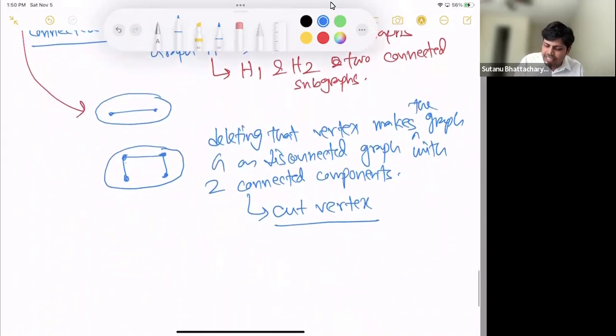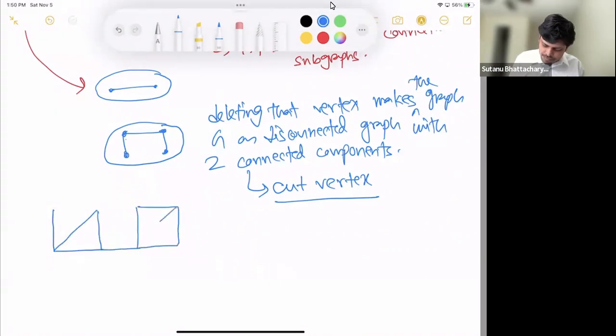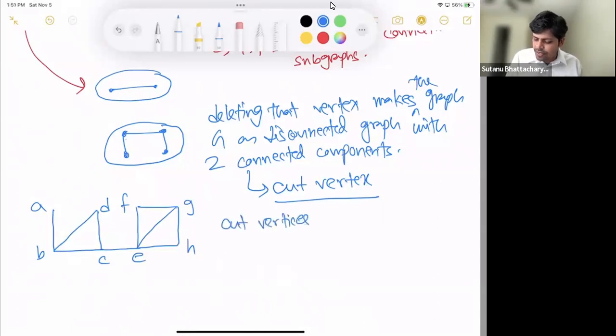So let's take one example of cut vertices and cut edges. So this is one graph. A, B, C, D, E, F, G, H are the vertices, and there are a couple of edges. Now let's find cut vertices as well as cut edges.